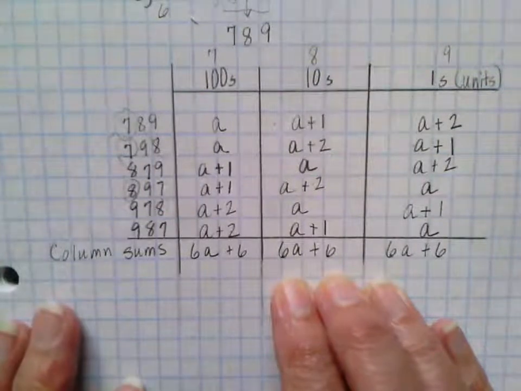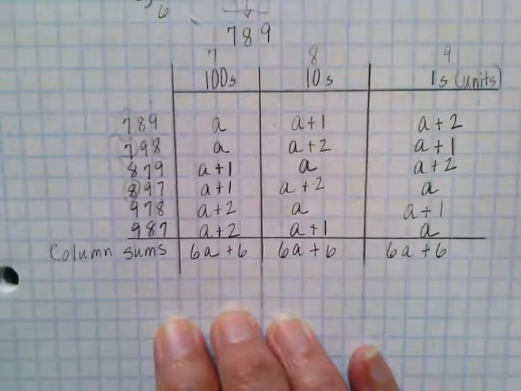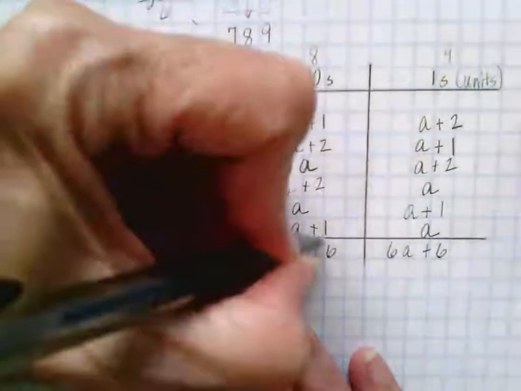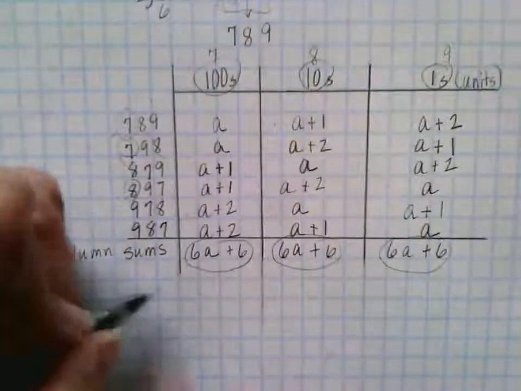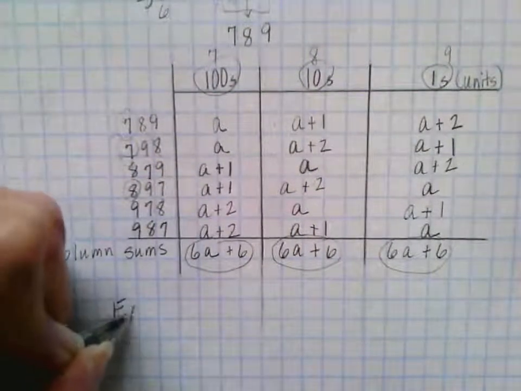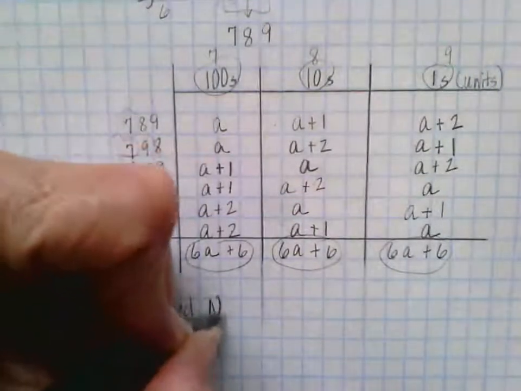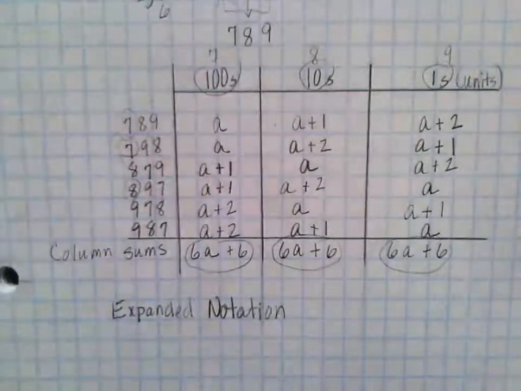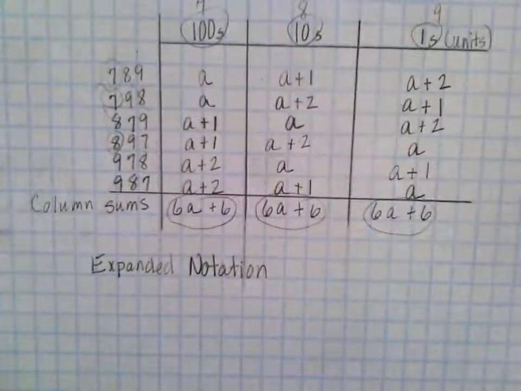Before I go to dividing by 6, I'm going to write what this means in terms of our place value. I'm going to do this using what we call expanded notation, something that you started learning about in 4th grade and continued through in your other grades.